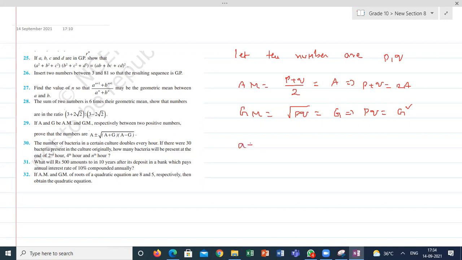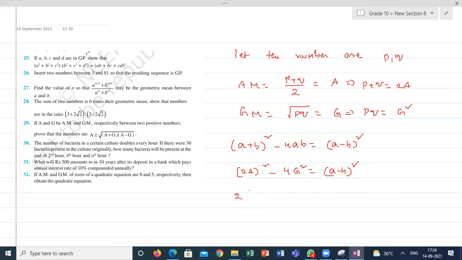We know a plus b whole square minus 4ab is equal to a minus b whole square. Here I know the a plus b value. A plus b is equal to how much? 2A whole square minus 4G square is equal to a minus b whole square. From here I can write 2A square minus 4G.